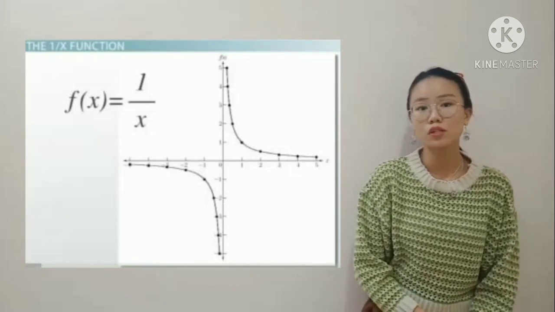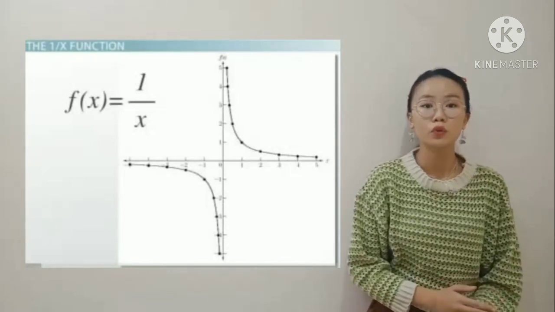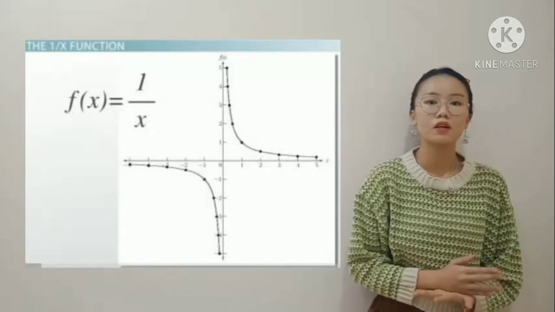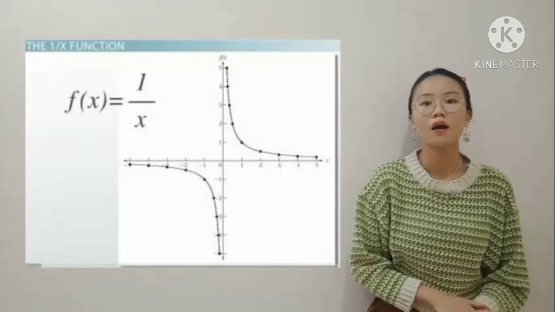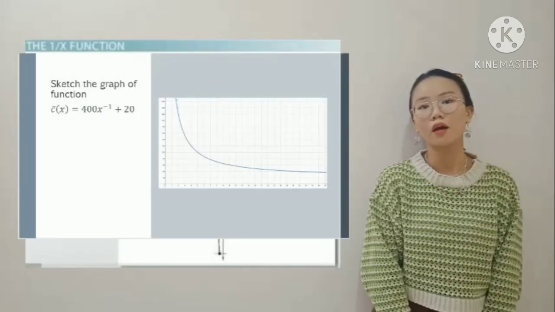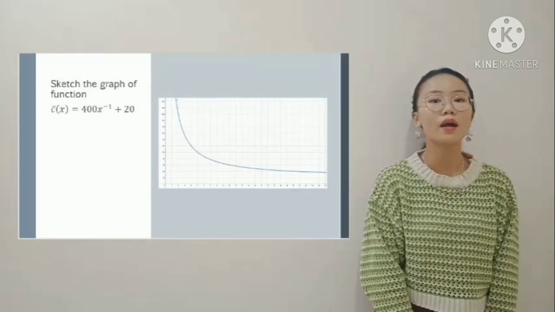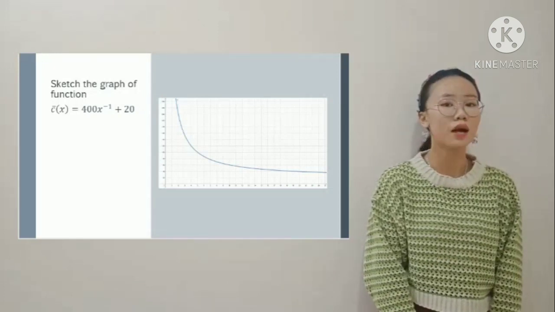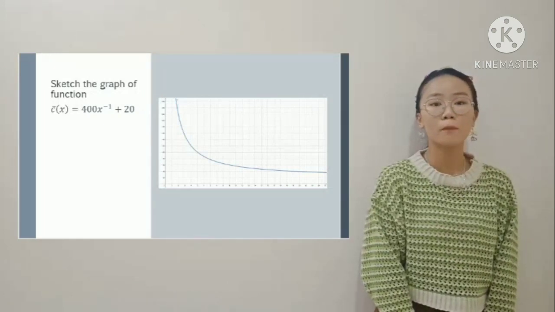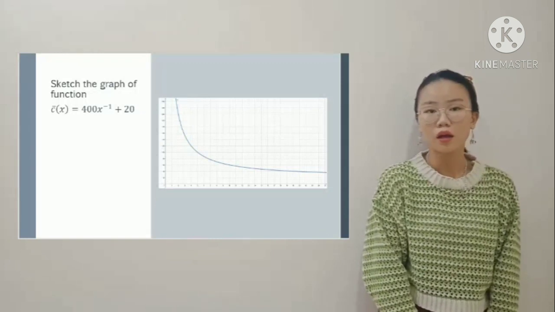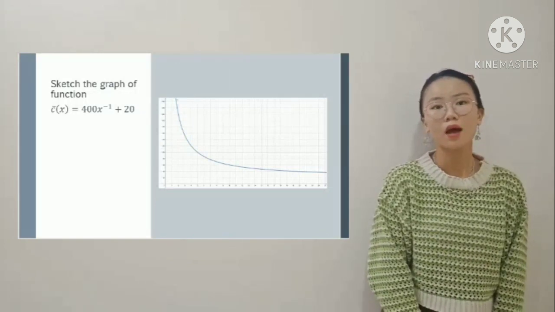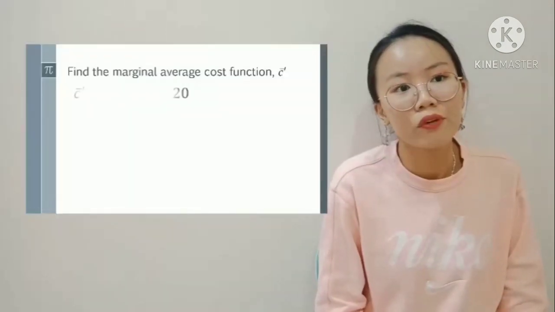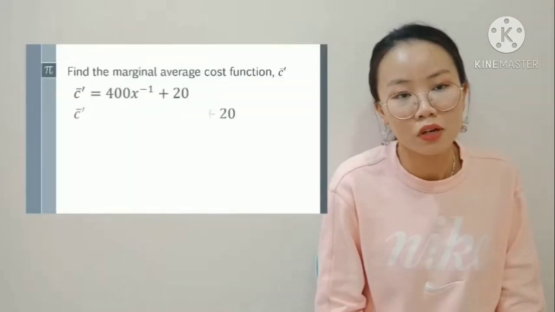But in this question, x is units. Units are always positive, so we only take the curve at quadrant 1. For the plus 20 at the back, the plus 20 is the y-asymptote. The y-asymptote of 20 means that the curve will approach 20, but it will never touch 20, and it tends to infinity.